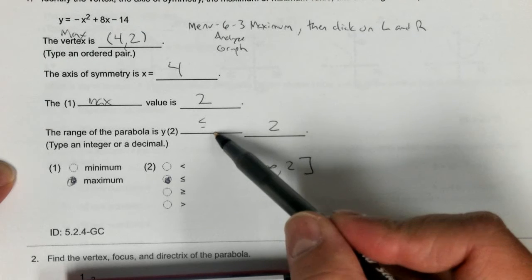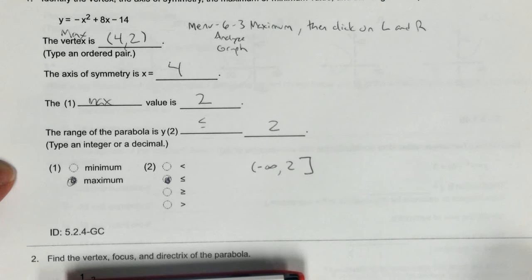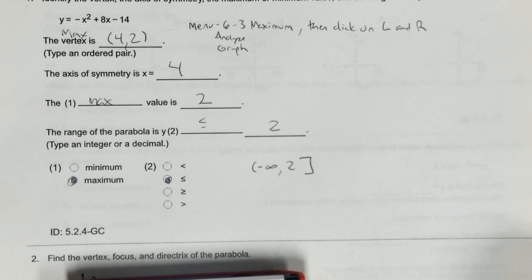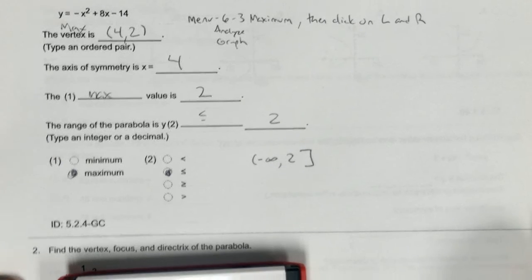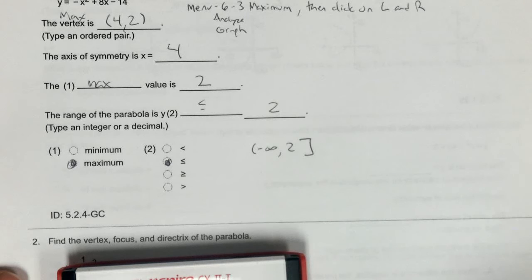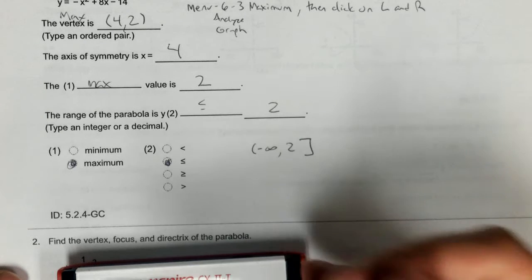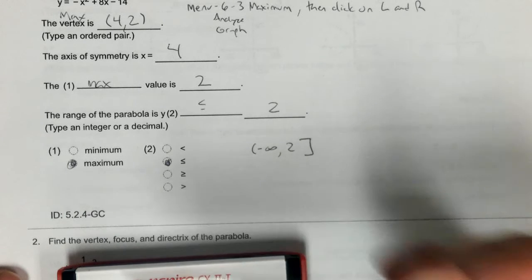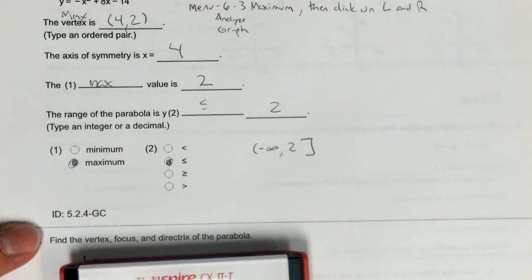But with inequalities, which is what it wanted, that's what it is. By the way, these questions are in a random order, just like they would be on the test. That was from 5.2, number 4.